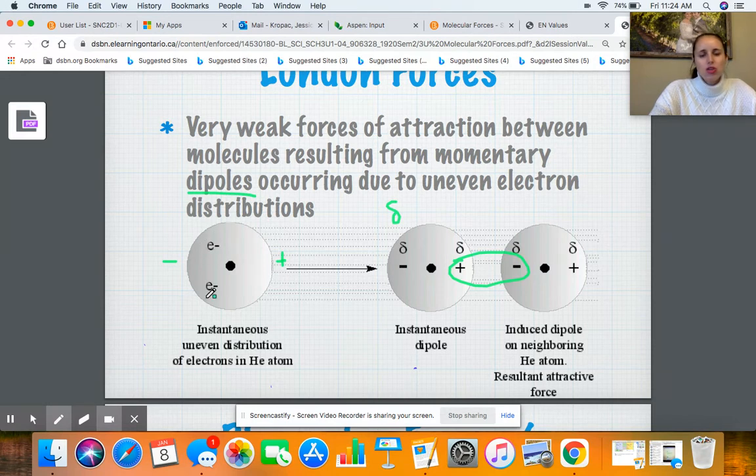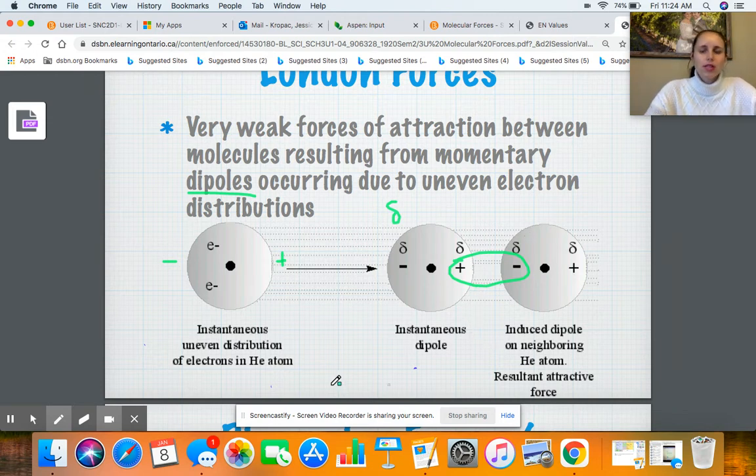Remember, this distribution is not going to last very long. So the second it forms, it's going to break, and as soon as this uneven distribution breaks, this bond is going to break. So these are very, very weak bonds, and they're based sheerly on chance. It's molecules flying around, and a molecule finds another molecule that for that second has a different distribution, and they're attracted just for a second.